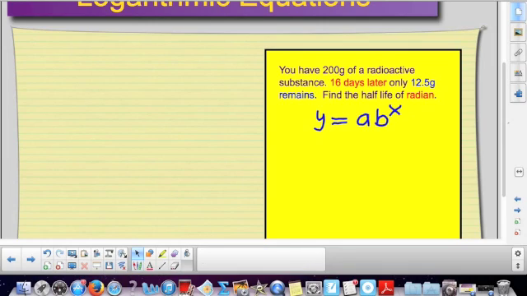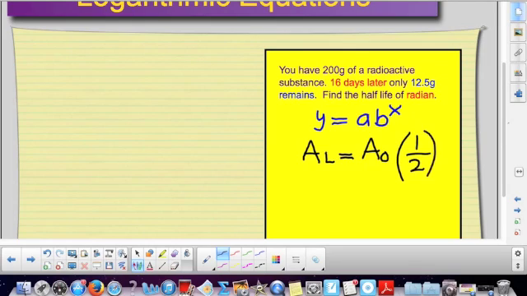But because we're talking about half-life, we also learned this formula in our unit in MCR. A L, which is the amount of substance that remains after the experiment, is equal to A O, the original amount of the substance that we started off with, times 1/2 to the power of my time over my half-life. That's what we learned last year, right? So whenever we're talking about the half-life, we pretty much use this formula.